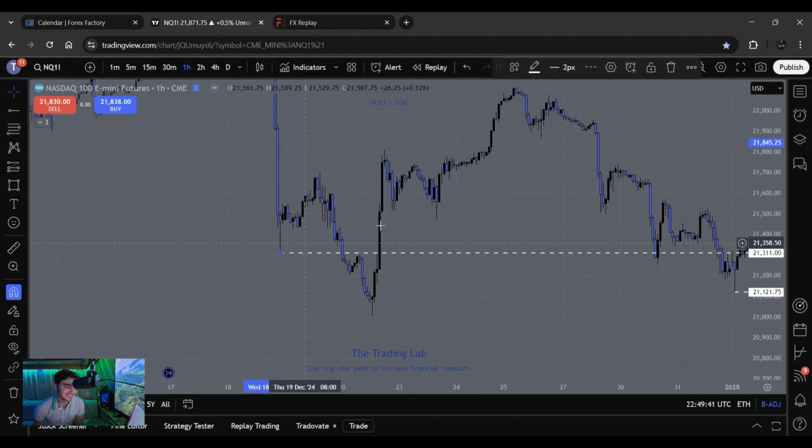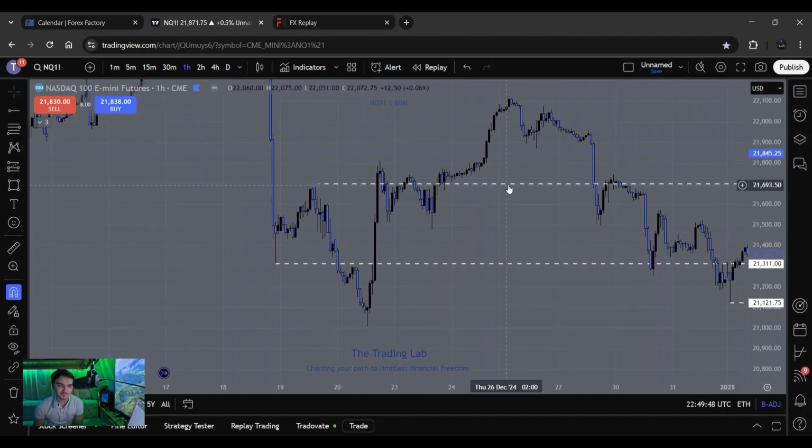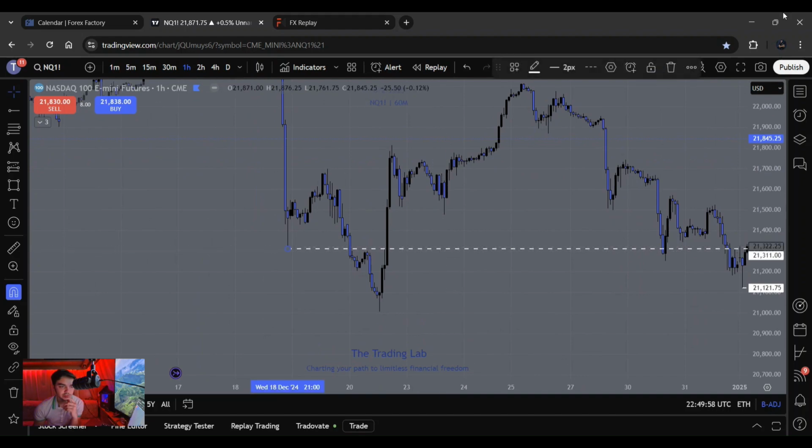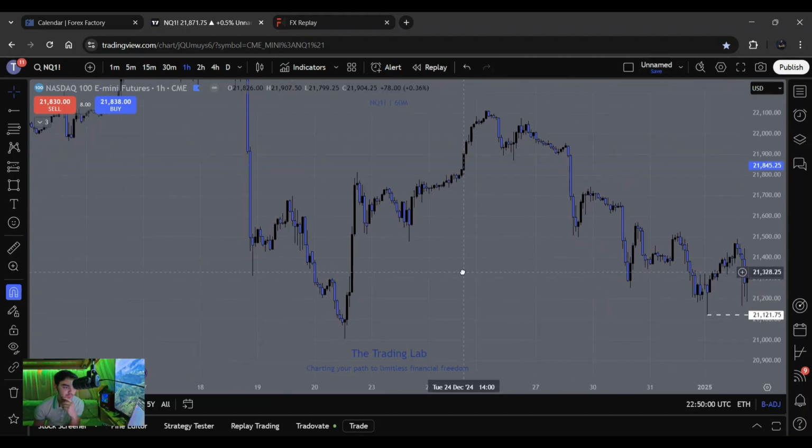See this low being swept, we get a leg up, we come and take out this high. It's once you start seeing this stuff, it becomes so clear where price wants to go. So let's get into the fair value gap I was talking about. This one here.